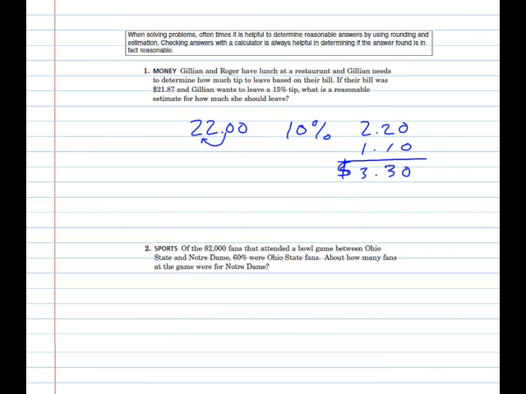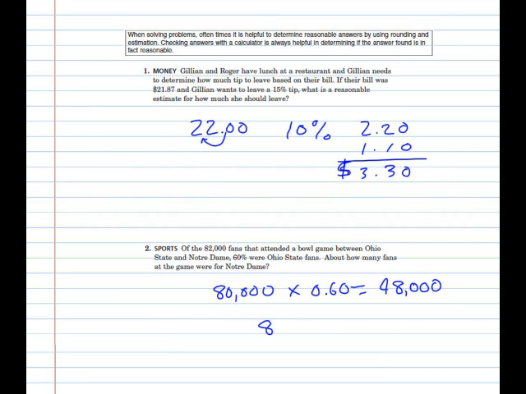Problem number 2. Of the 82,000 fans that attended a bowl game between Ohio State and Notre Dame, 60% were Ohio State fans. Well, if we round 82,000 to 80,000, and we find 60% of that, which means we multiply by 0.60, we get 48,000 Ohio State fans.